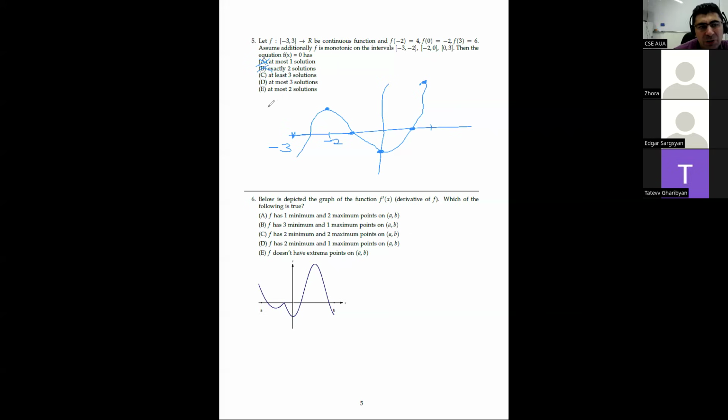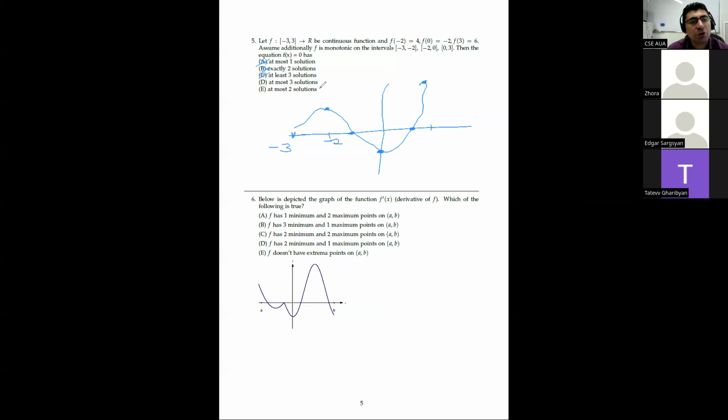At least 3 solutions. Again, this statement is not in general correct. What if our function from -3 to -2 is not decreasing but increasing, or it decreases but like this without having any zeros? So at least 3 solutions also is not correct.